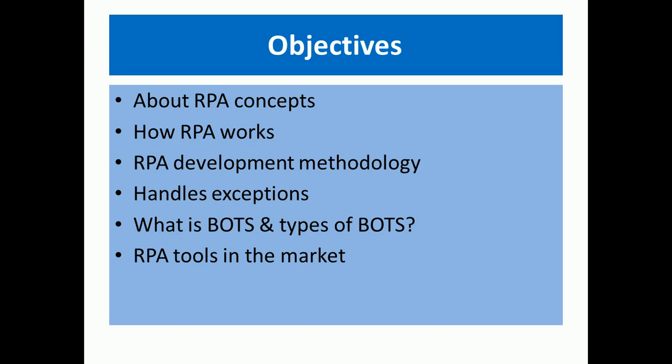Basically I want to understand what RPA is, where it is applied, and how exactly it works, so we can say the architecture of RPA. Then what the RPA life cycle is. And there are some errors, exceptions, and how to handle them using exception handling, we are also going to see.